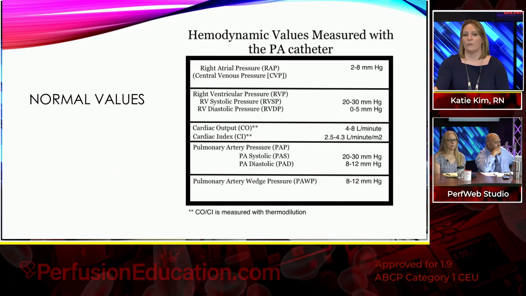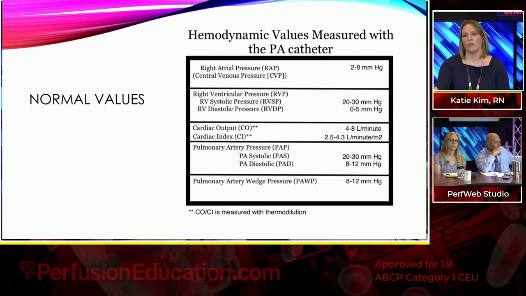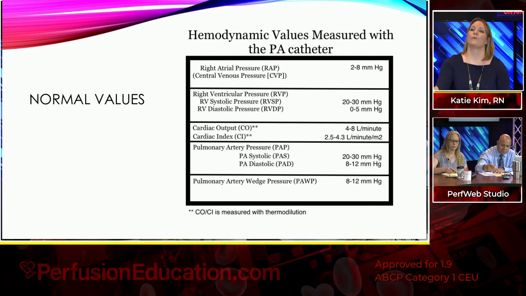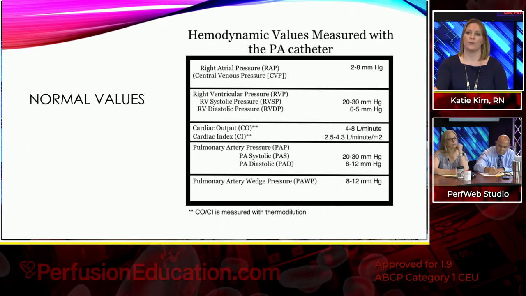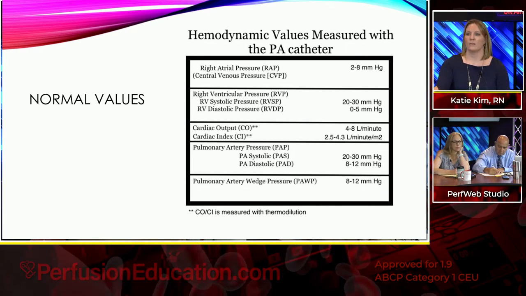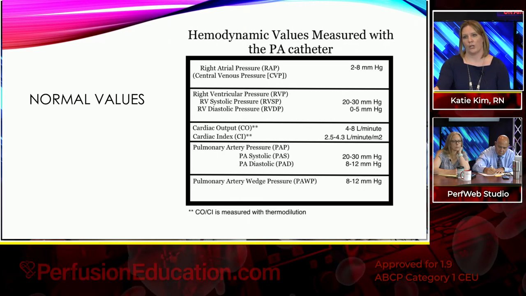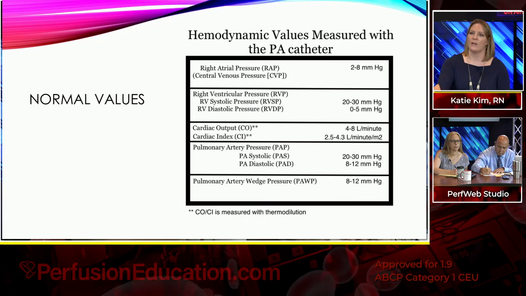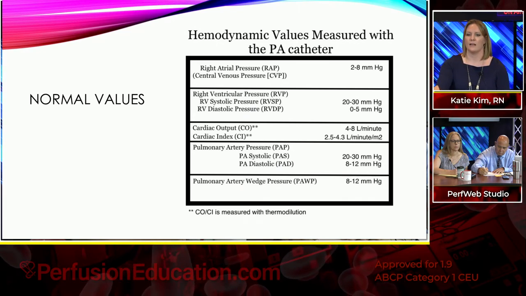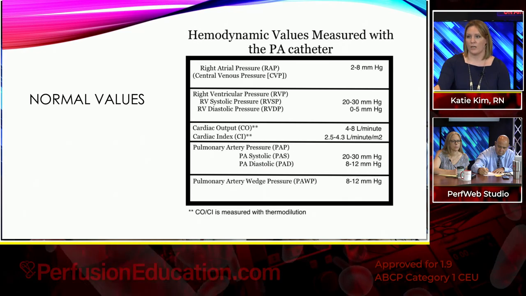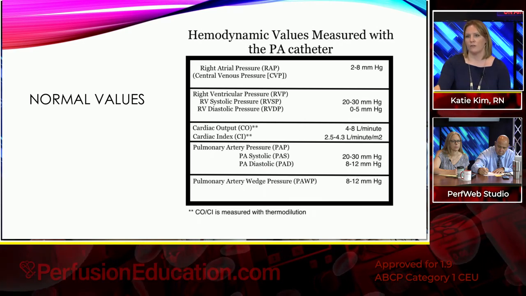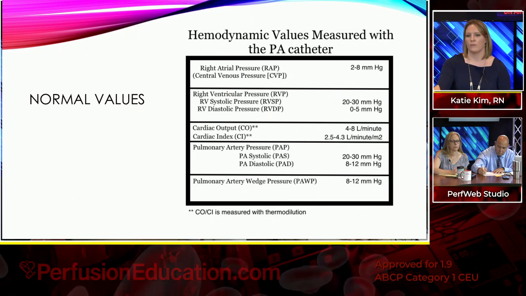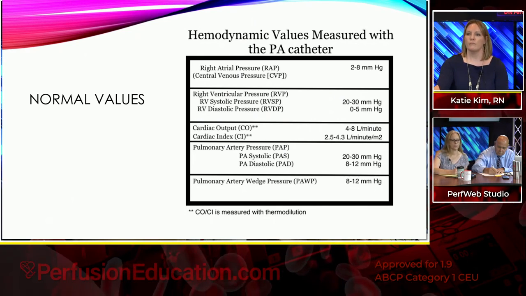Normal values are really important to understand because you have to know what normal is to understand what abnormal looks like. So your right atrial pressures are normally going to be around 2 to 8 millimeters of mercury, whereas your ventricular pressures are going to be a little bit higher than that, but not as high as your blood pressure, because that's looking at arterial pressures, and the right side of the heart is the low pressure side of the heart.